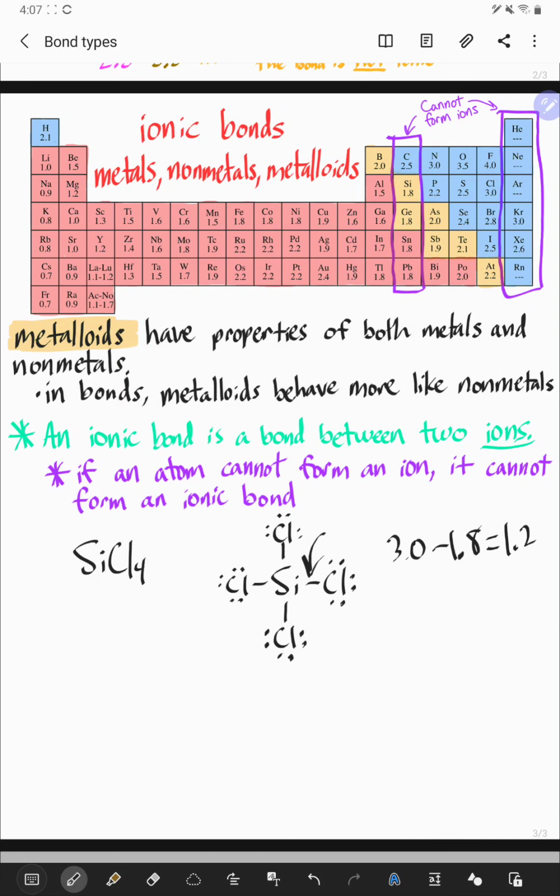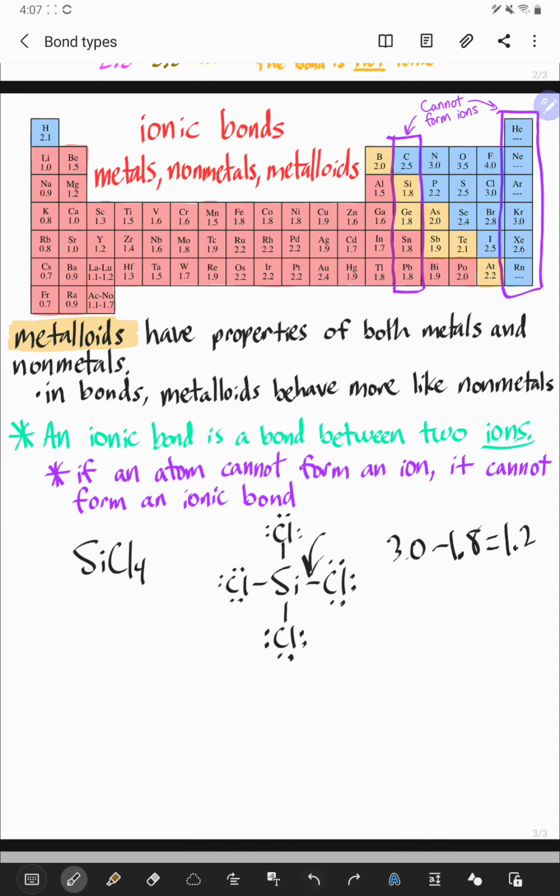But we could also look at whether it's a metal bonded to a nonmetal or something else. We have silicon, which is a metalloid. Remember, the staircase elements, the ones separating the metals and nonmetals, are metalloids.